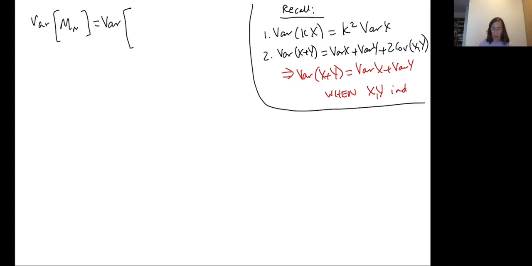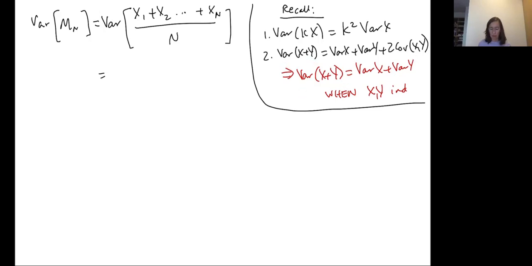So we're taking the variance of x1 plus x2 all the way up to xn. So we're just adding up all the numbers in our data set, all of our observations on x, and dividing by n. And let's split that up into the sum of the variances.